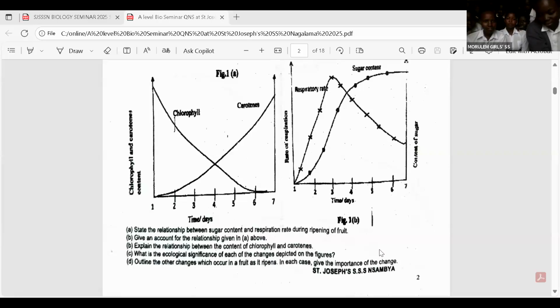Let me briefly take you through a description of how to describe, so that we can get this well.